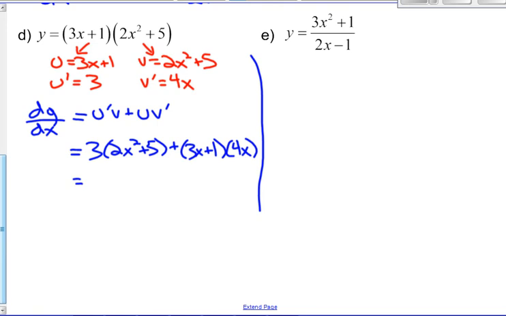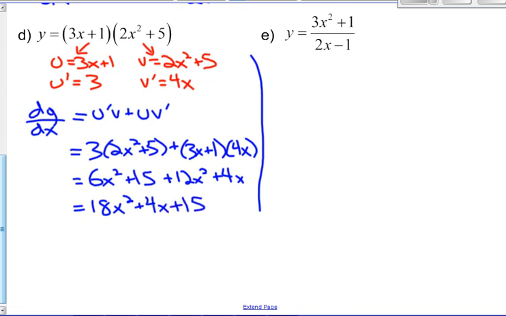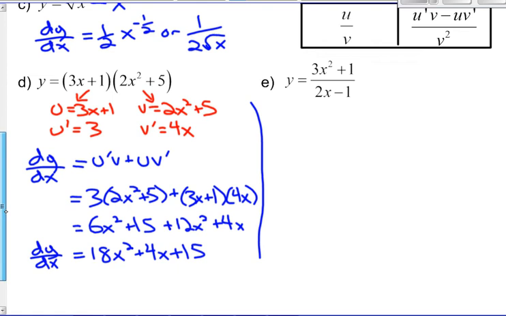Work it through. That gives us 6x squared plus 15 plus 12x squared plus 4x. Or 18x squared plus 4x plus 15. And if you had FOILed it out first, you would have got the exact same result. So that's what the derivative function is, or the slope function.